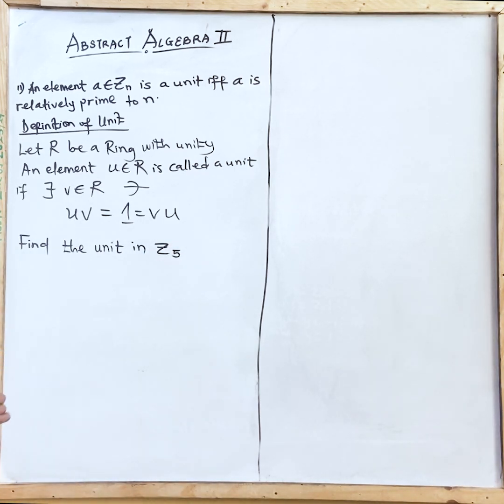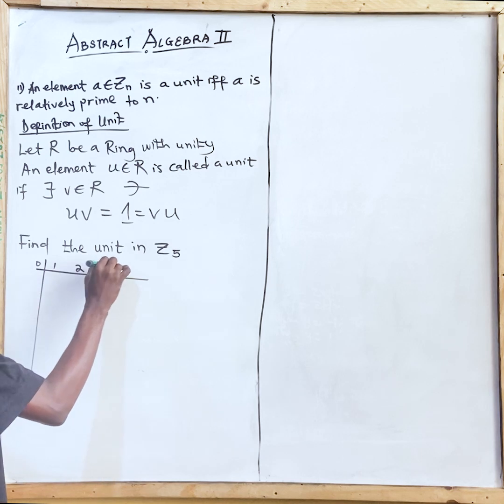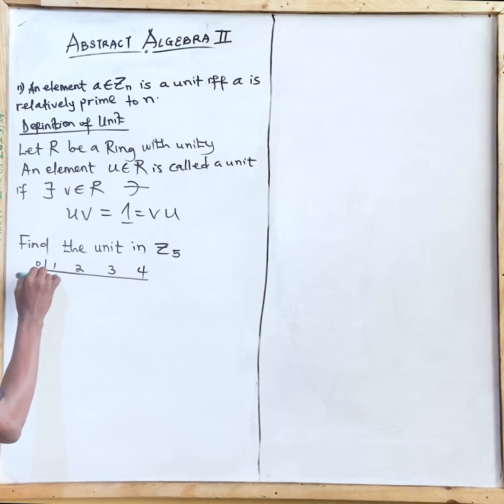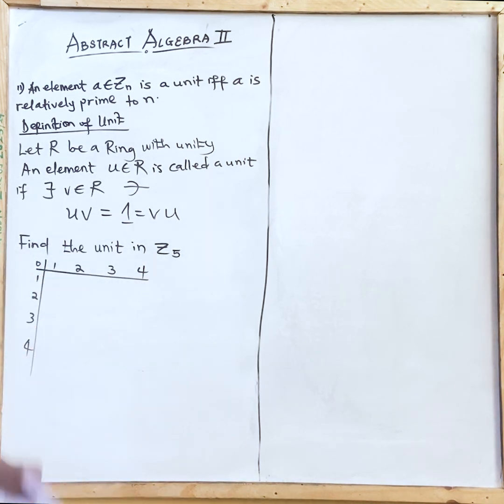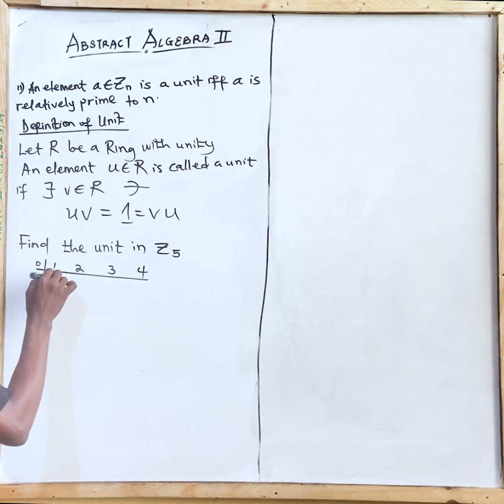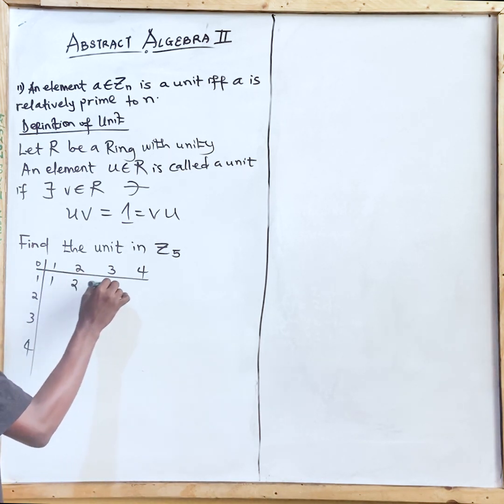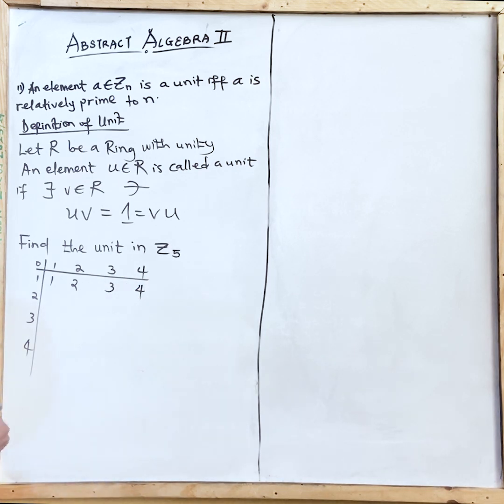If I'm to find the units in Z5, if I draw a modulo table, I have 0, 1, 2, 3, 4 and 1, 2, 3, 4. Those are the residues in Z5. So from the definition, U times V equals 1. So let's see, 1 times 1 will give me 1. This will give me 2, this will give me 3, 4. This will give me 2, this will give me 4, this will give me 1.